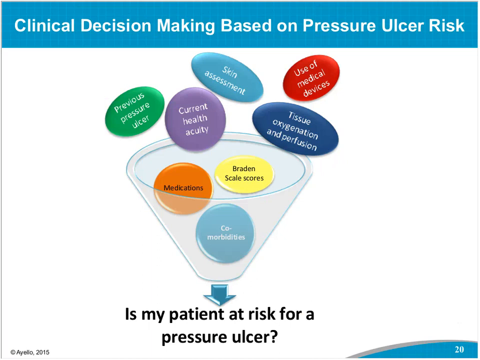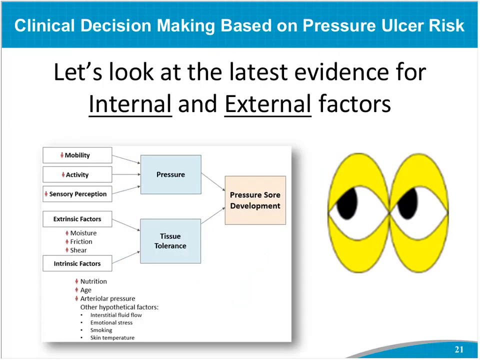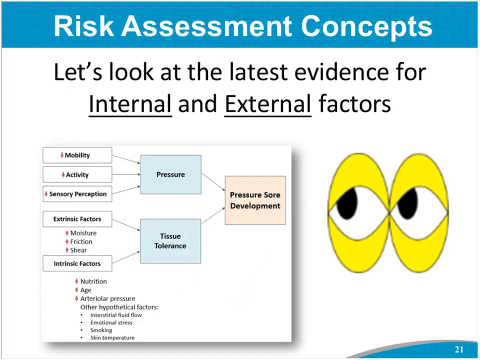Certainly medical devices, which have operated in the 1980s, what's going on in oxygenation and perfusion, medications, comorbidities, and all of these we mull around in our brains, if we will, plus the Braden scale, to come up with a clinical decision: is my patient at risk for developing a pressure ulcer?